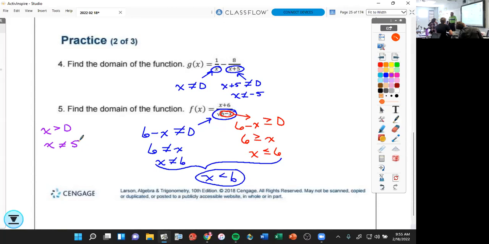Can it be 4.999? Can it be 5.001? Can it be 5? Okay, so I could say in words, x is any number greater than 0 except 5. If you wrote it in interval notation, it would look like this: 0, comma, 5, union, 5, comma, infinity, right? All parentheses, because there's no equal sign in there.